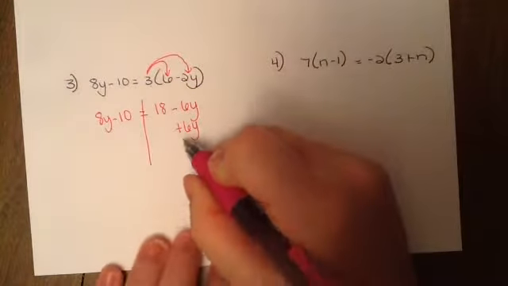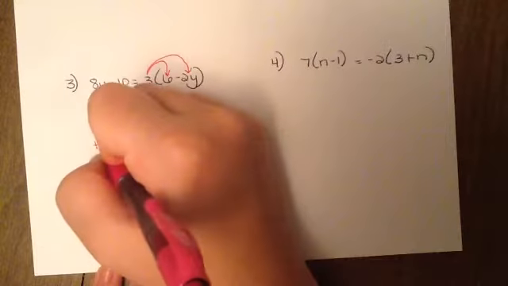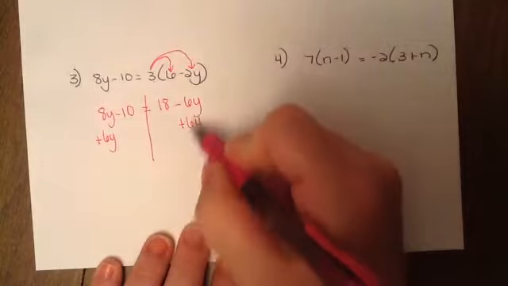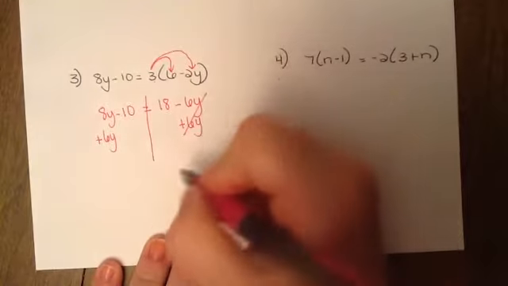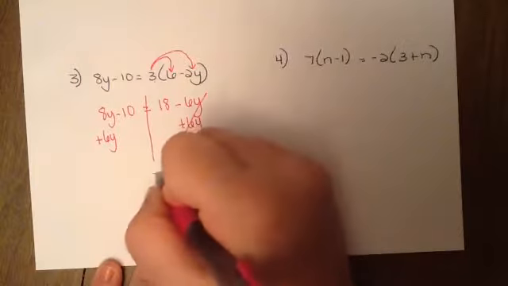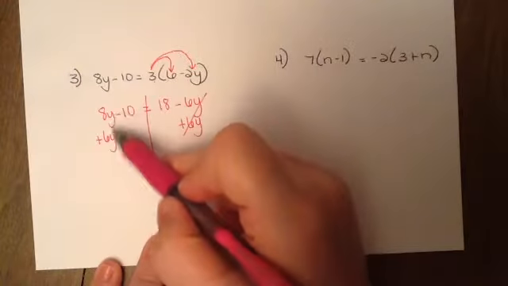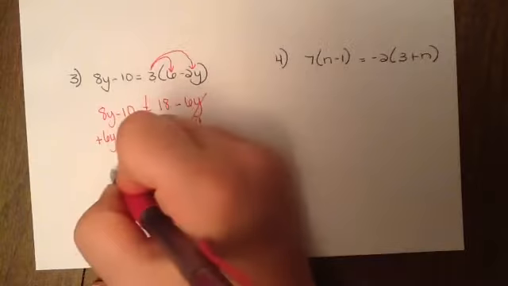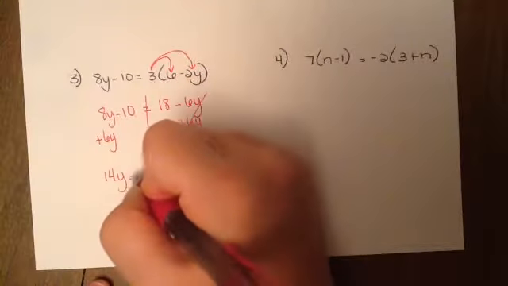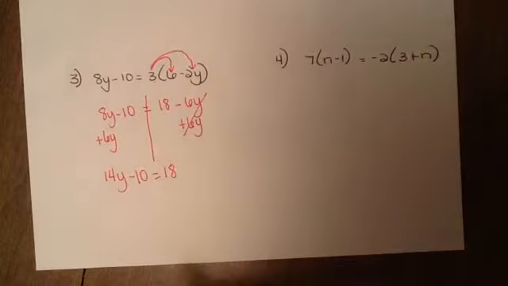What I do on one side, I must do to the other. What happens with these? Cancel. Bring down our 18. 8y plus 6y, 14y minus 10. Bring down the minus 10.